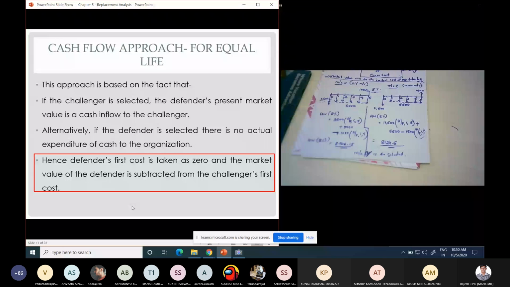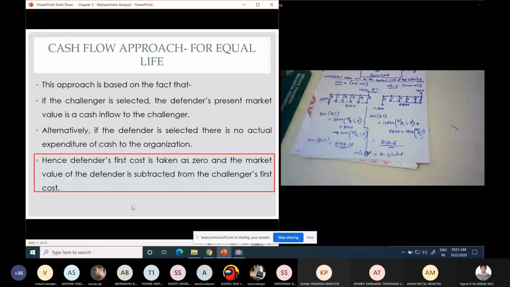Accordingly, if the company wants to retain the existing machine and doesn't want to go with the newer machine, then the cash flow for X would be without the initial investment. The company will use it for the remaining service life. Those are the two conditions. And this cash flow approach is our normal approach which we have done for all the previous numericals except outsiders, where we analyze from the point of view of the organization.